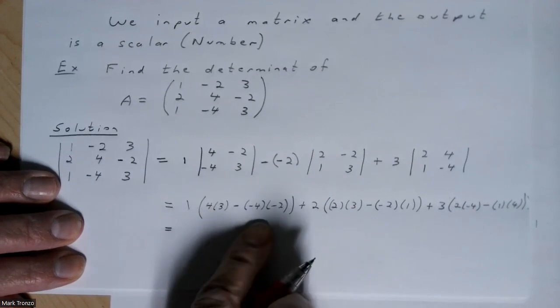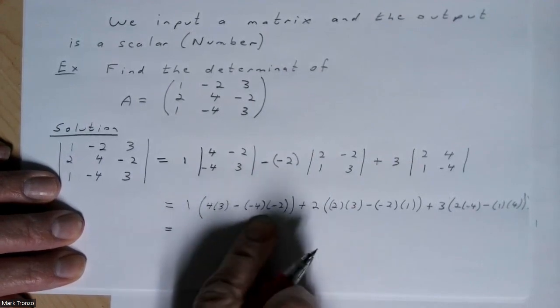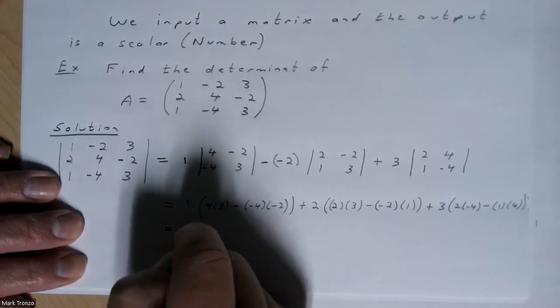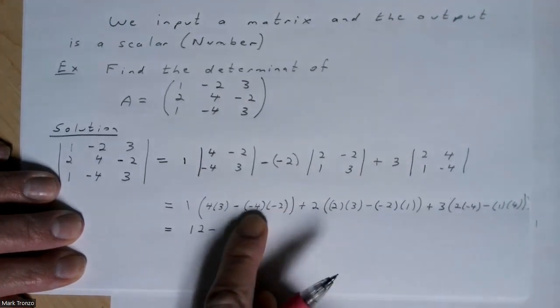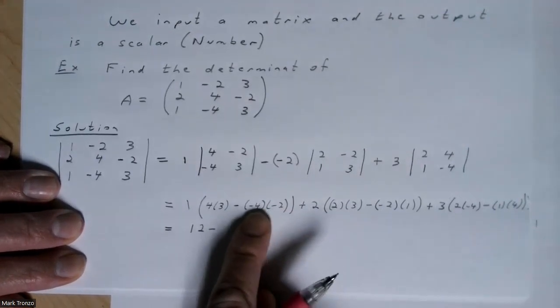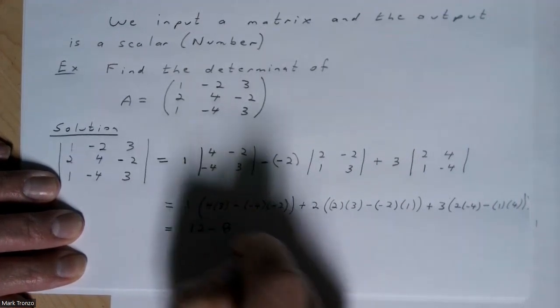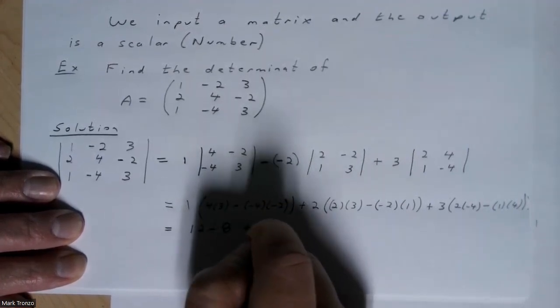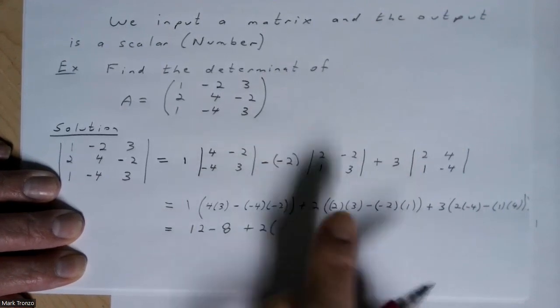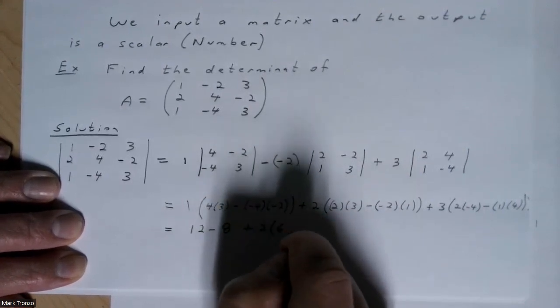And so this is 1 times this, so we can just leave off the 1. So here we're going to have 12. Now this is going to be a negative times negative. That's going to be a positive 8, but we're still going to have a minus in front of that. Then over here we have 2 times 6.